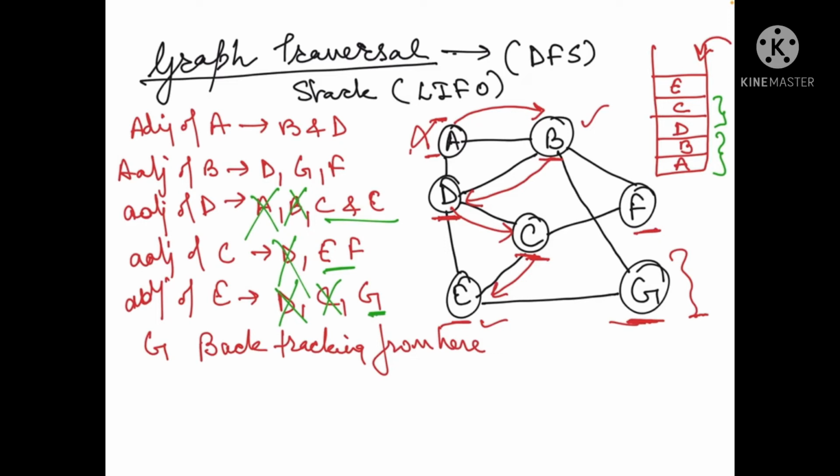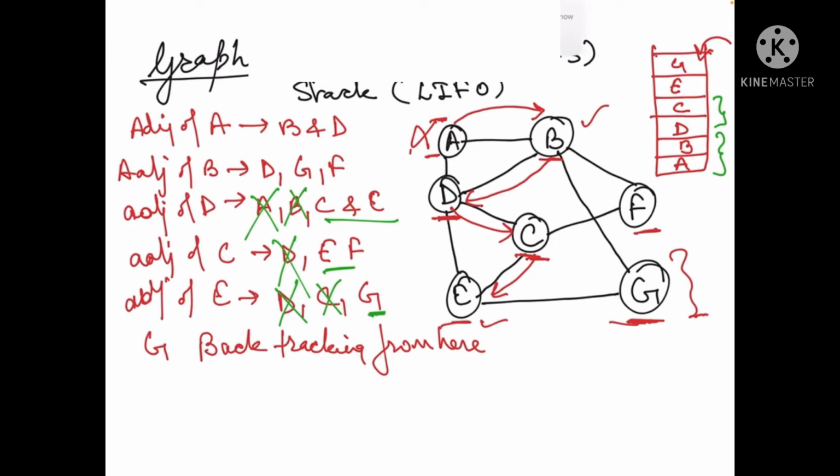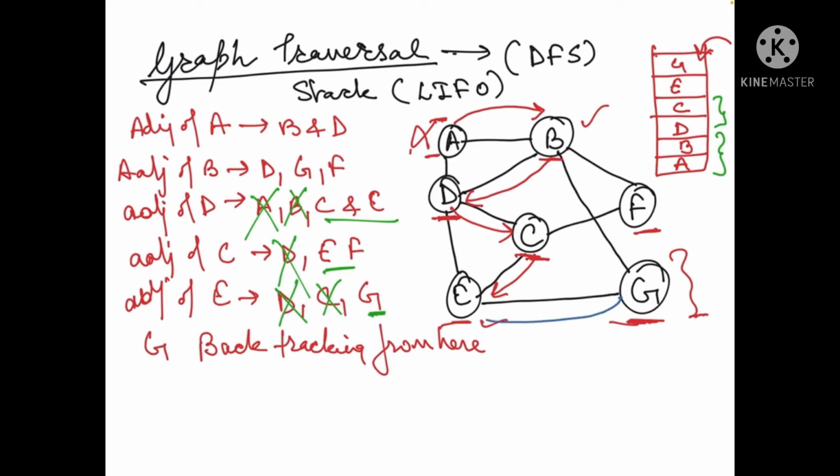First let me go here and put G like this. Now the work starts in the backtracking process. That means now you have to pop out G and backtrack. I will go like this. Here I am doing the backtracking. Blue stands for backtracking.